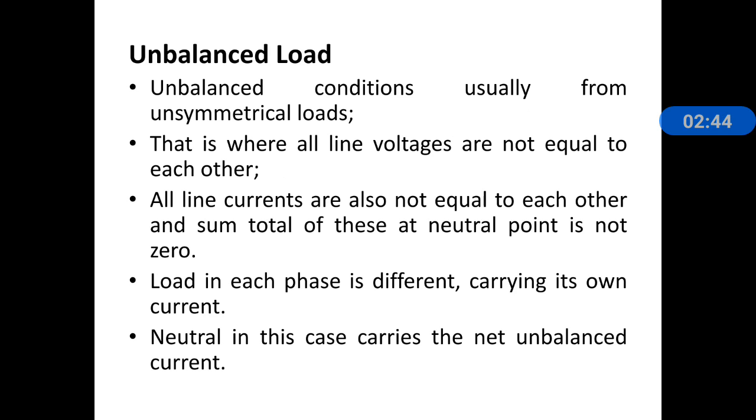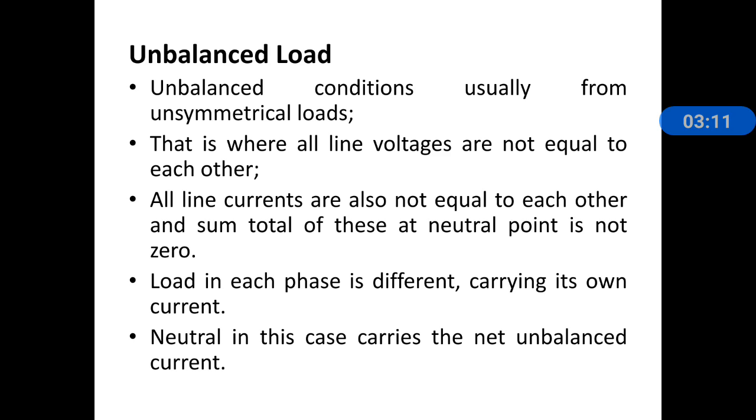Next, the unbalanced condition usually arises from unsymmetrical loads. Suppose any one phase has more load and the other two have less load, meaning one phase carries more current. When current increases, subsequently the voltage decreases. So there are unequal currents and unequal voltages in the three phases.